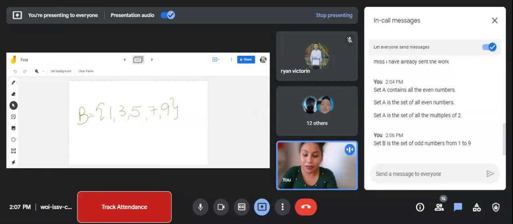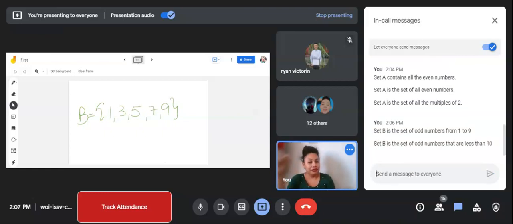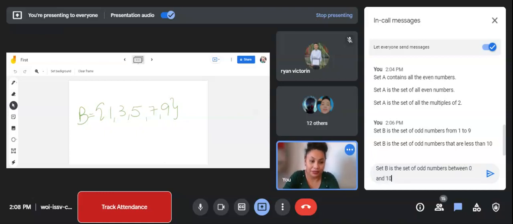But I can also put set B is the set of odd numbers that are less than 10. And it's still talking about the same group of numbers. I could say it a different way, and I could say set B is the set of odd numbers between 0 and 10.